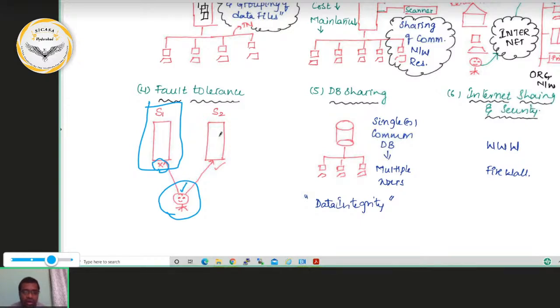No. That is the reason we always maintain certain additional resources. If something happens to server 1, the load will be transferred to server 2, and the services will be provided from server 2. So this is called fault tolerance. In simple terms, fault tolerance is maintaining additional resources.